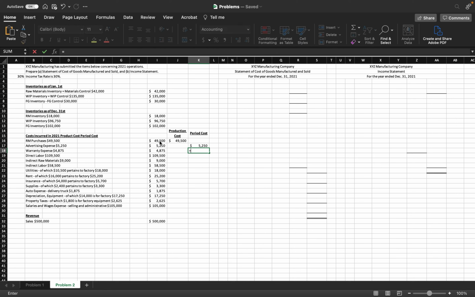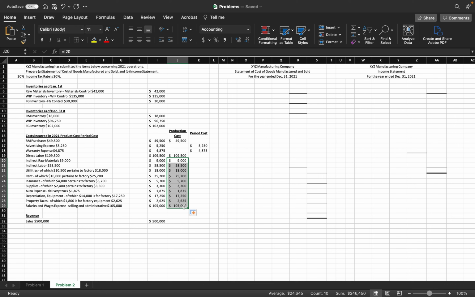Warranty expenses are a period cost. Direct labor is a production cost. Indirect raw materials are also a production cost. Indirect labor, we know a lot of these are going to include a production cost component, so we'll cheat just a little bit.